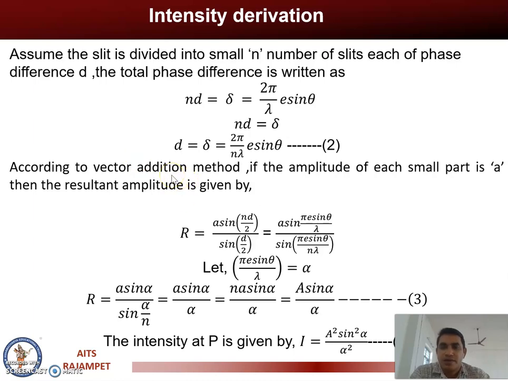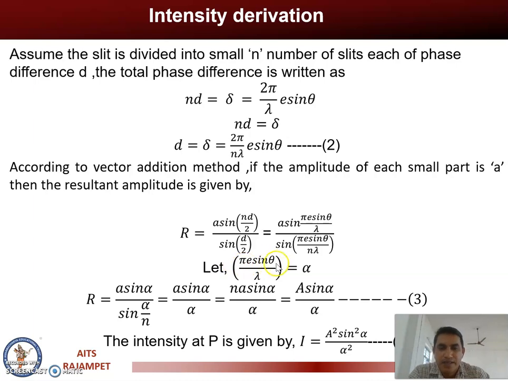According to the vector addition method, if the amplitude of each small part is a, then the resultant amplitude R is equal to a sin nd by 2 by sin d by 2. Replacing the nd value from equation 2, that is equal to a sin of pi e sin theta by lambda by sin of pi e sin theta by n lambda.